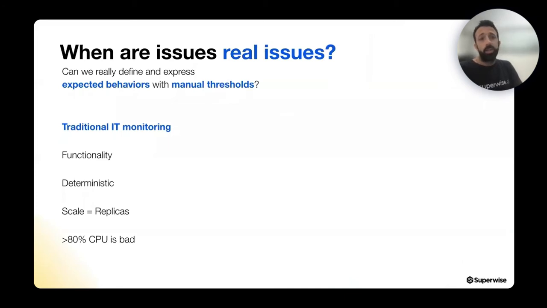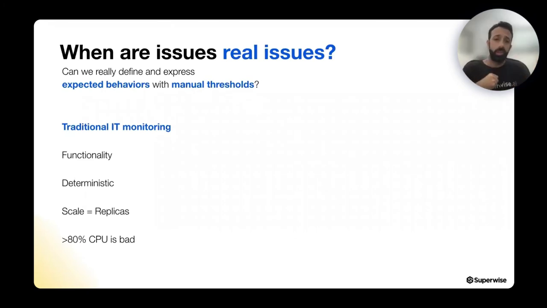Another challenge that does not apply specifically to the scale issue is how to determine or how to express what is an anomaly, what is a violation of an expected behavior, what is the expected behavior of a model. It's easy to see when you compare it to traditional software monitoring. In software monitoring, there's the functionality.